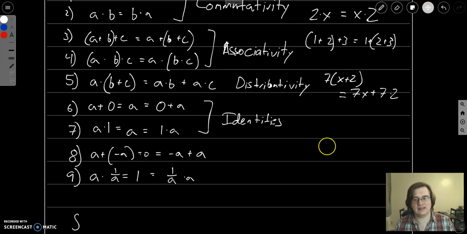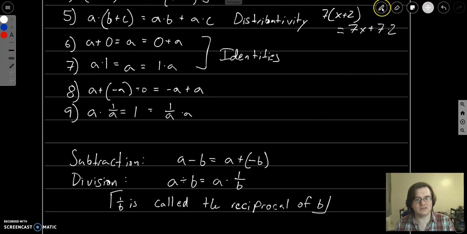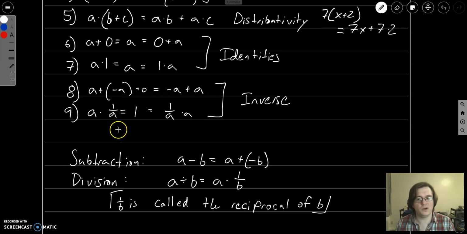And then lastly, we have what are called inverses, which essentially undo each other. If you were to add a to something, you could add negative a to it to get back to where you started, because a plus negative a is 0, and likewise in reverse. For multiplication, we can do the same thing. If I take a times 1 over a, I'm going to get 1. They cancel out.